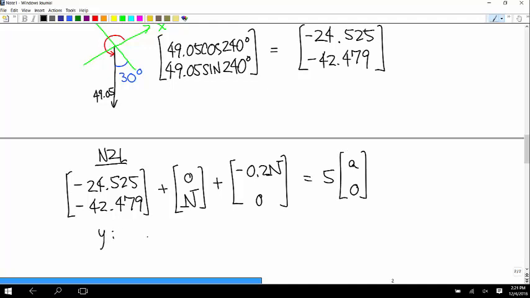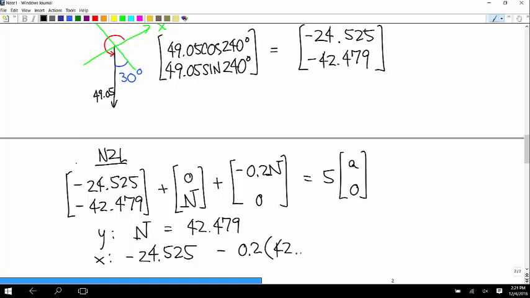Now the y equation says that we can solve for n, and it gives you n equals 42.479. Plug that into the x equation, and that says negative 24.525 minus 0.2 times 42.479 is equal to 5a.